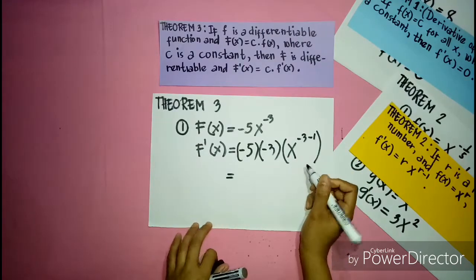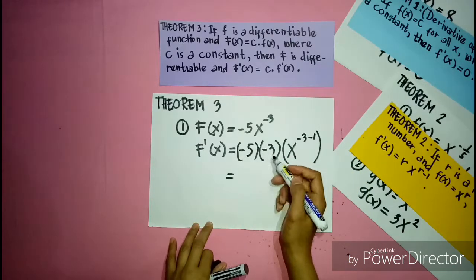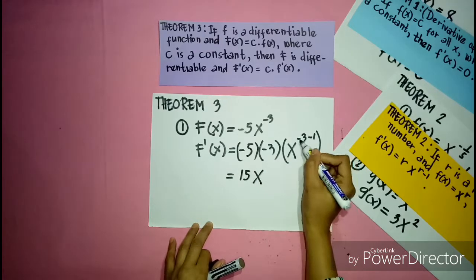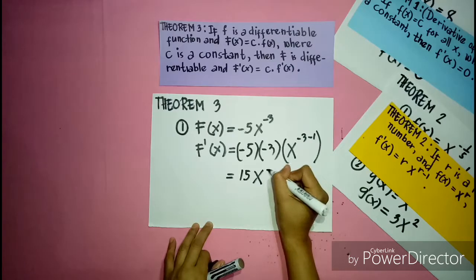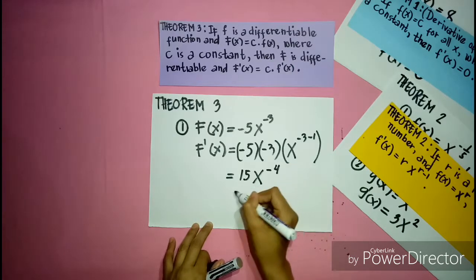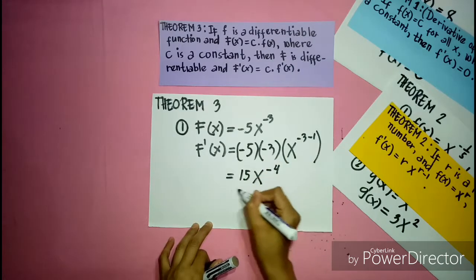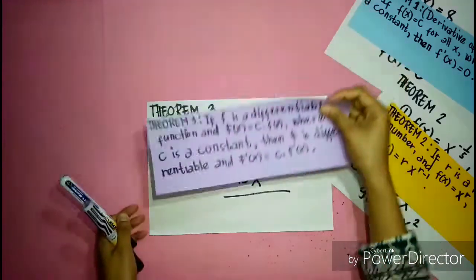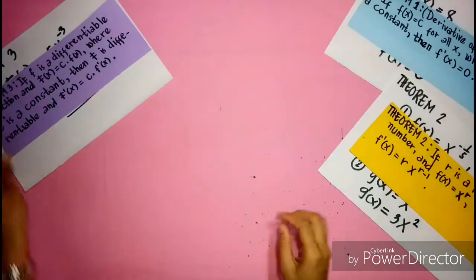Negative 5 times negative 3 is 15. Then x to the negative 3 minus 1 is x to the negative 4. So this is now our derivative. So that's theorem number 3.